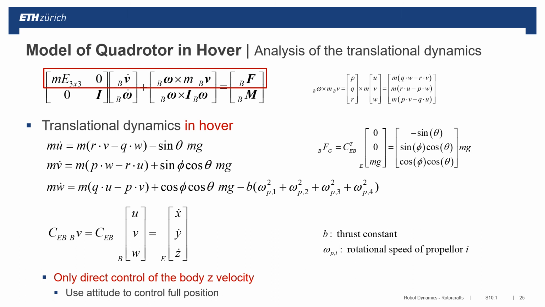Additionally, in the z direction, you have the sum of the rotational speeds in square, which generates a force which allows us then later on, as we will see, to control the z direction. In the near hover case, you can also see that these angles, which define the projection of the gravity forces in the different directions, will become very small, and so the whole dynamic model will be further reduced and simplified.